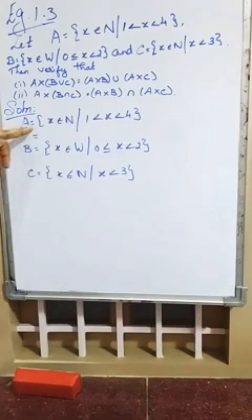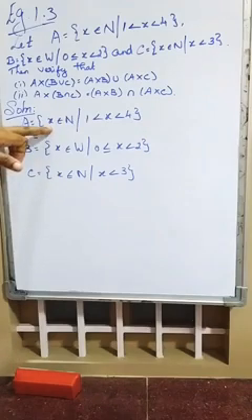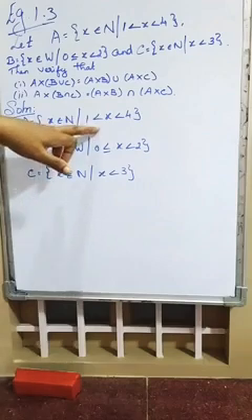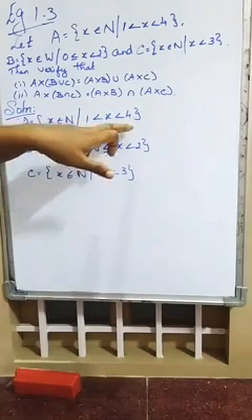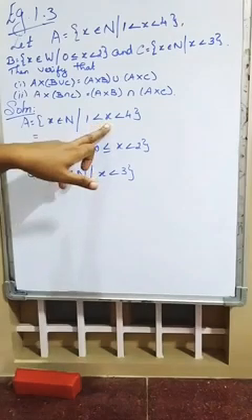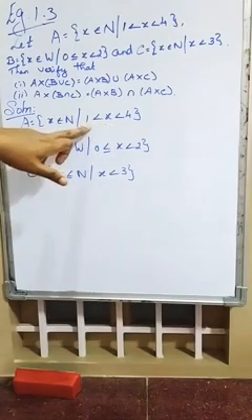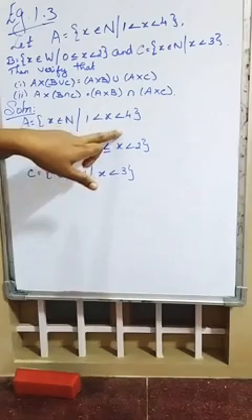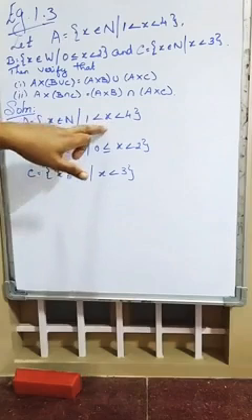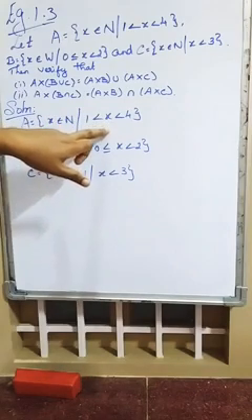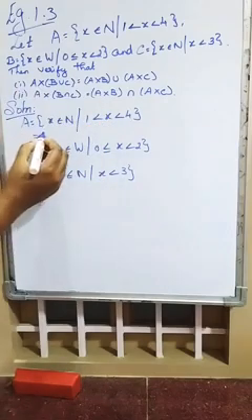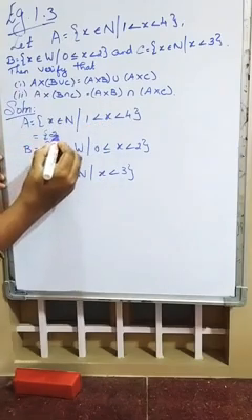A is equal to {x belongs to capital N such that 1 less than x less than 4}. Therefore, the values for x are 2 and 3. Because 1 less than, therefore 1 is not included. After the 1 you have to see the next number is 2, 3, and 4 is also not included. Therefore, the value of A is 2 and 3.